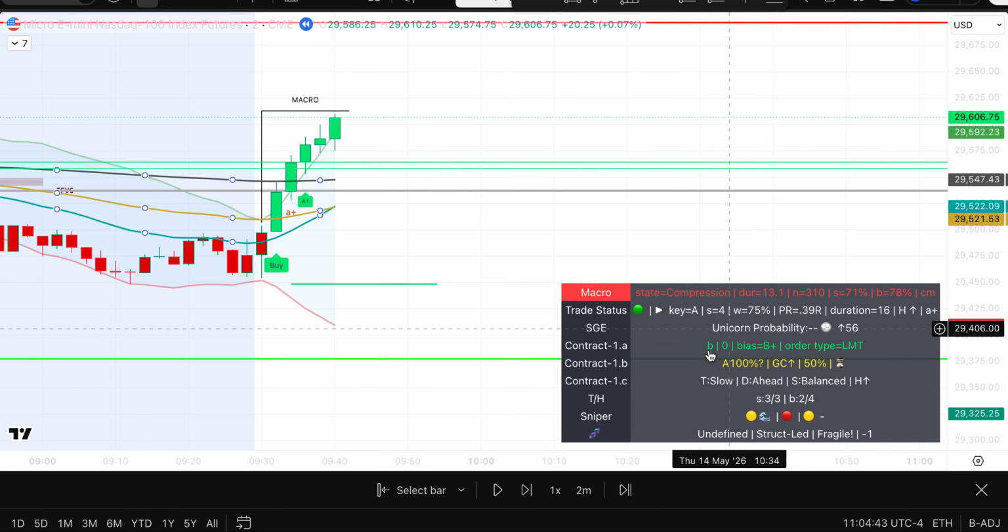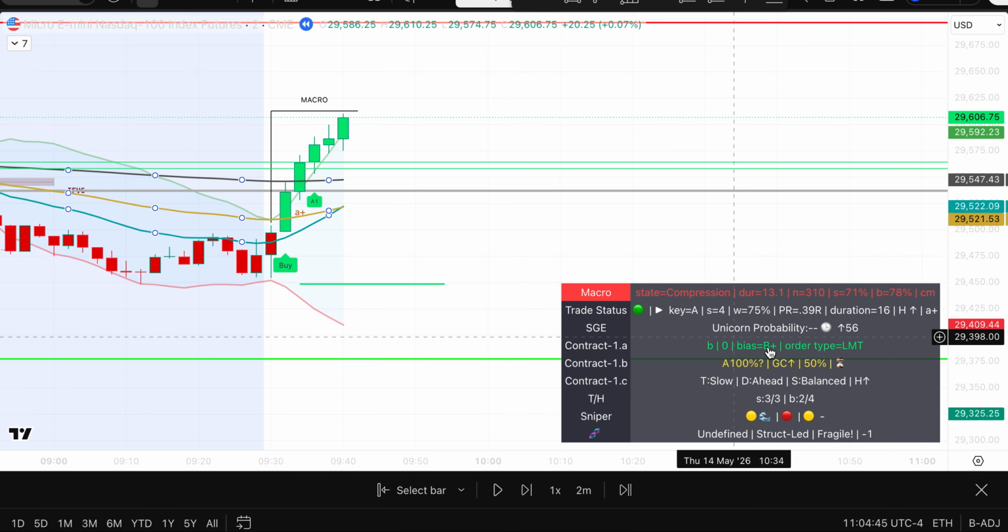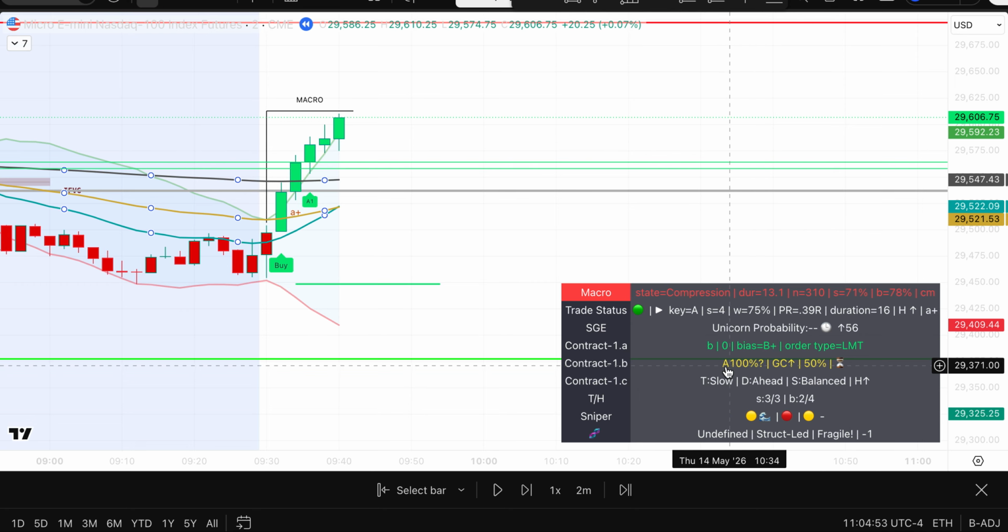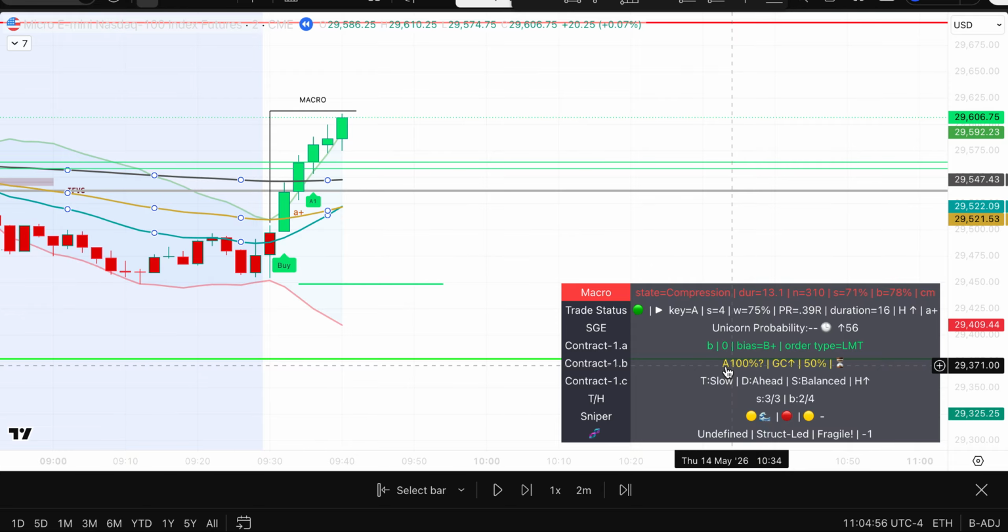What else we got? Okay, it's a buy in a bullish high time frame sentiment bias. So that correlates to this guy, EMX, which is on contract 1B row. This is the environmental matrix, basically saying how does this structure move in a specific environment.